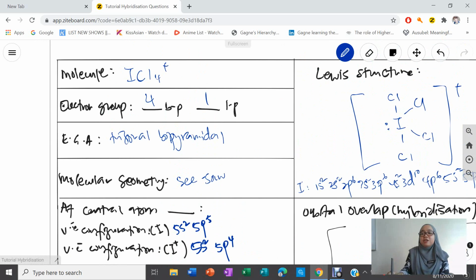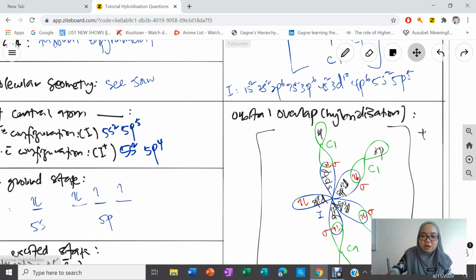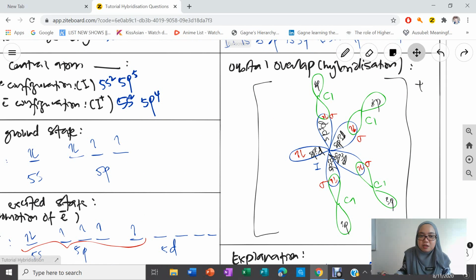I don't want you to lose any of these marks because they are really precious. I don't want that to happen to you guys. So this is how you draw and explain the hybridization process.